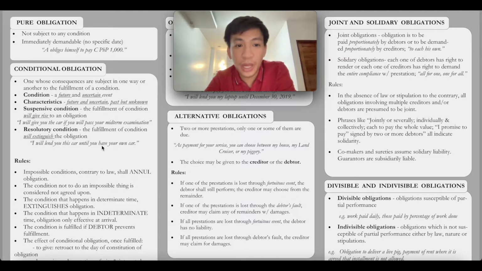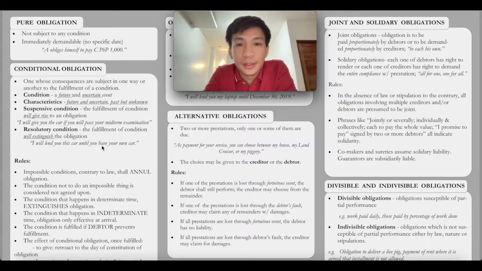So again, what will happen if nagkaroon na ng sariling sasakyan si creditor? The obligation of the debtor ceases to exist. Hindi na niya obligasyon na ipahiram yung sasakyan niya because of that condition. Okay? So that is the distinction between suspensive and resolutory condition.